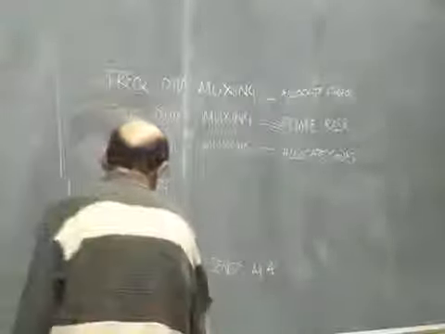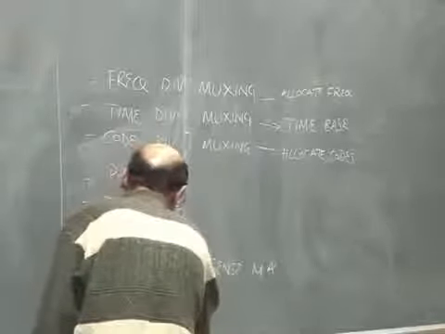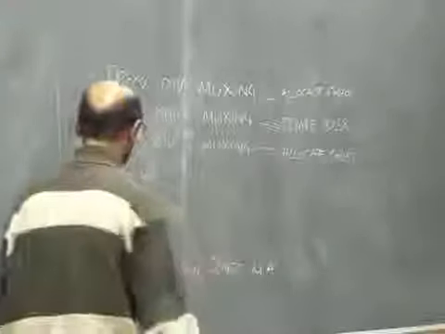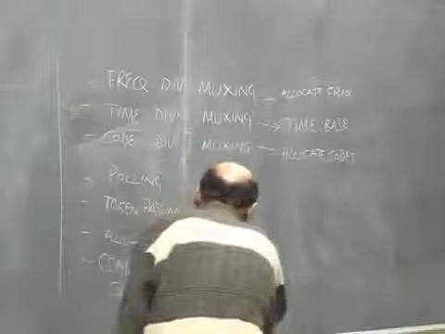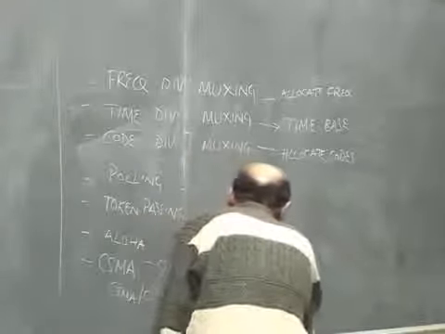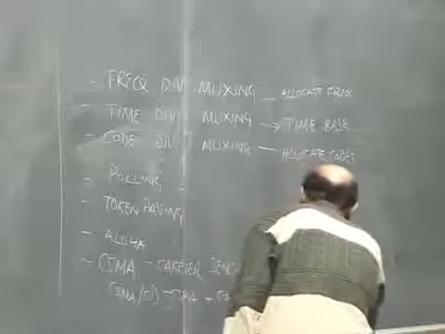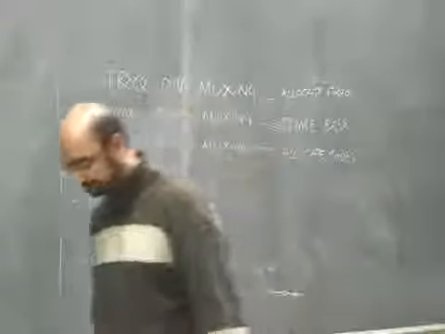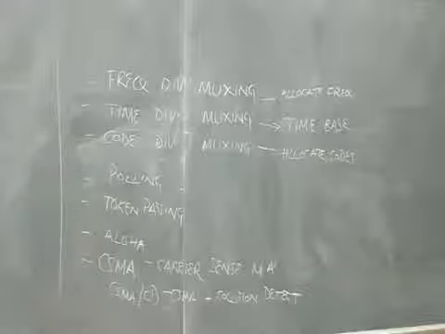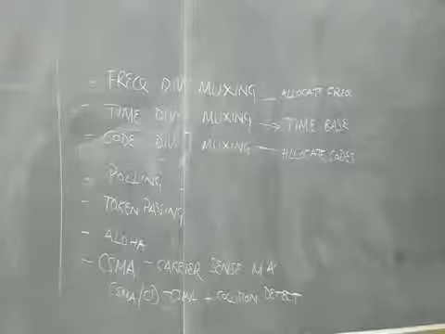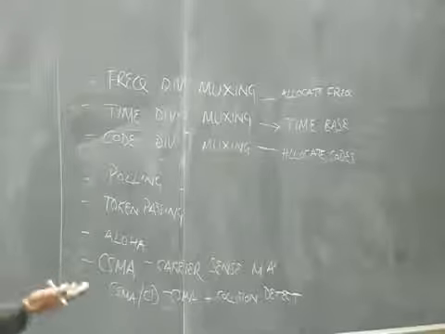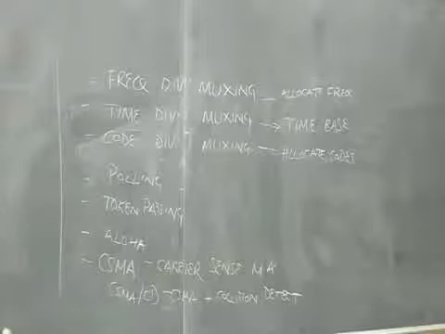What you do then is you have CSMA with CD, collision detect. This is CSMA plus collision detect. What this means is that we are going to listen. If we hear nobody, we can start. And if what we hear is not what we said, it's because somebody else started speaking at the same time.